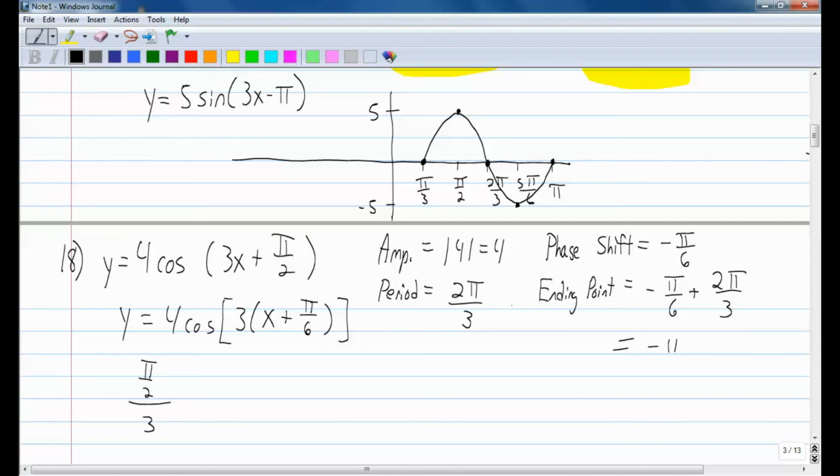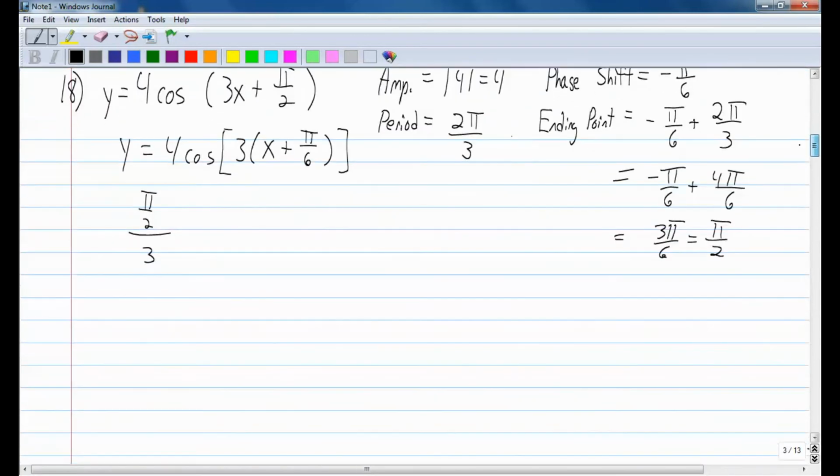If you get a common denominator of 6, it's going to be negative 1 pi over 6 plus 4 pi over 6. So that's 3 pi over 6 or pi over 2. So we're going to end this graph at pi over 2. One complete period for this graph will be from negative pi over 6 to pi over 2.